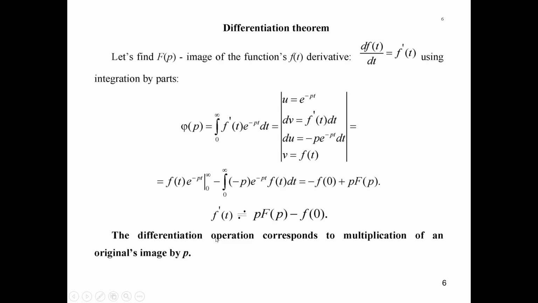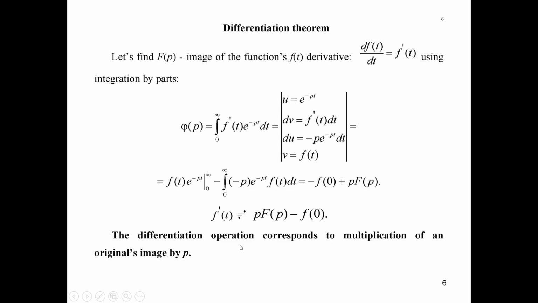So we can write down that the image by Laplace of the derivative of some function by time is equal to p multiplied by the image by Laplace of this function, whose derivative we determine here, minus phi from 0.